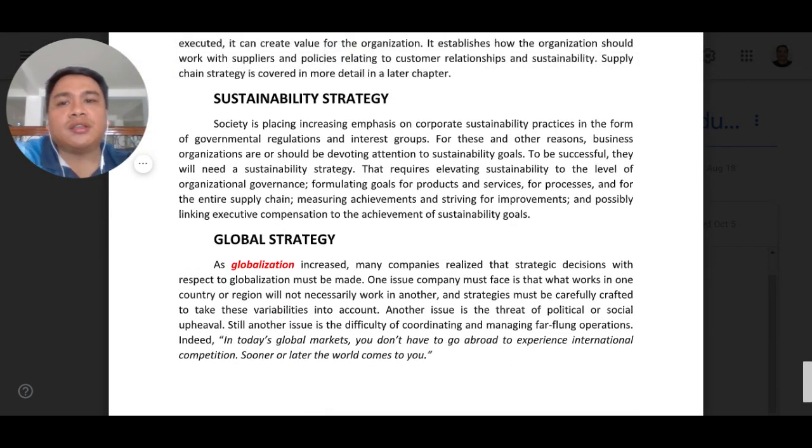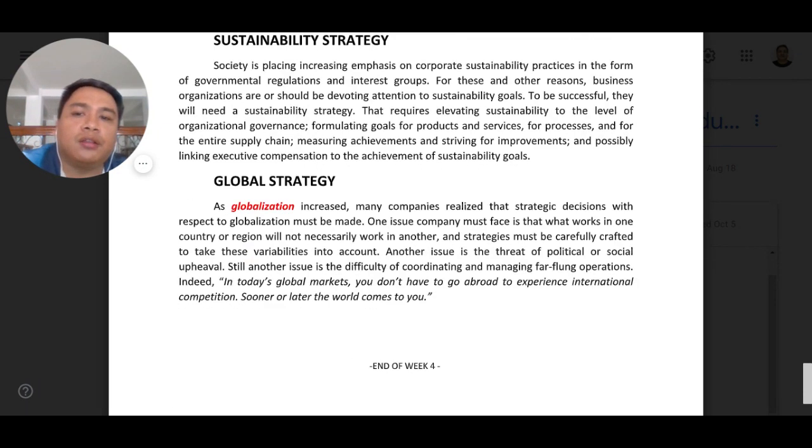The sustainability strategy is about how society is placing increasing emphasis on corporate sustainability practices, in the form of governmental regulations and interest groups, and how you would follow those regulations. What are those measures, the actions that you need to do?